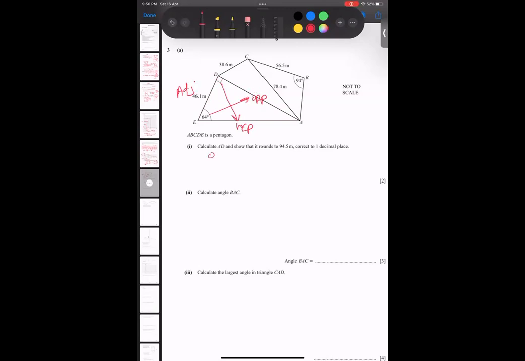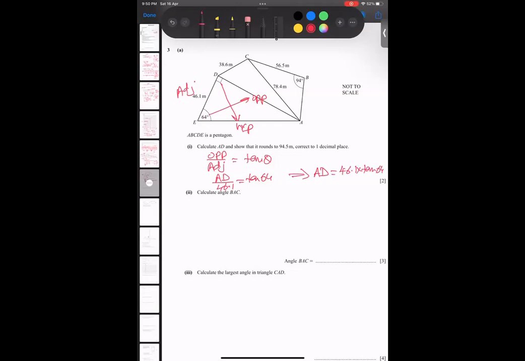So I'm writing here opposite by adjacent is called tan theta, and opposite is AD. Adjacent is 46.1 and theta is 64. So this will just simply multiply, and when I multiply, AD becomes 46.1 times tan 64.